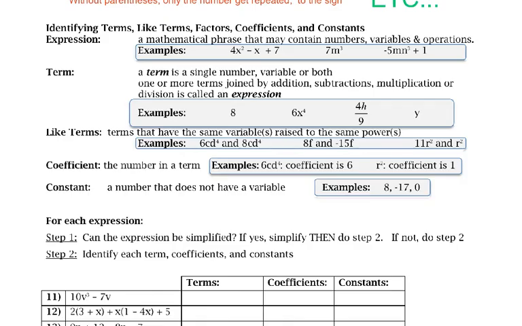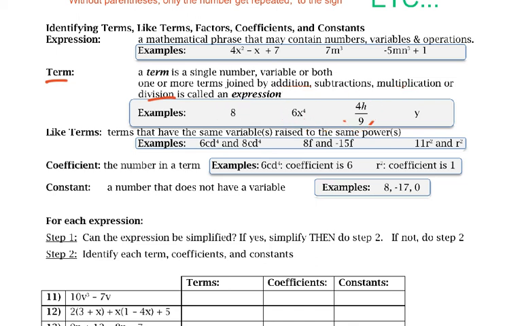Okay, now the next one is term. And so a term is a single number, variable, or both. One or more terms that are joined by addition or subtraction, multiplication, or division is called an expression. So this is one term, okay, and this is one term. And that's joined by multiplication. This is a term, that's division, okay.